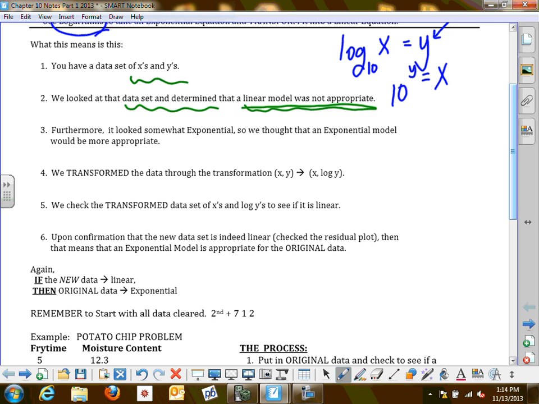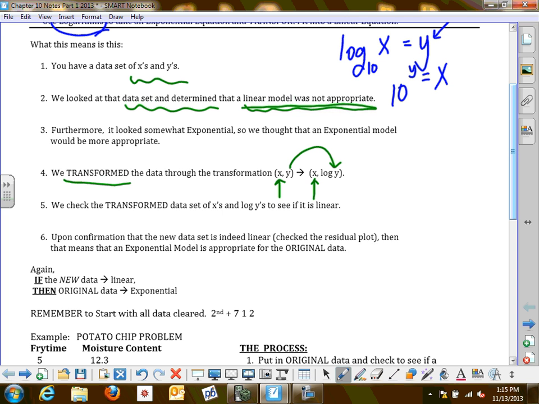So then we're going to do the only transformation we know of so far, and that is we're going to transform the data. We will keep the x's the same. We will not condense in the x direction. We're going to just condense in the y direction. So instead of the y's, we're going to graph the log of the y's.